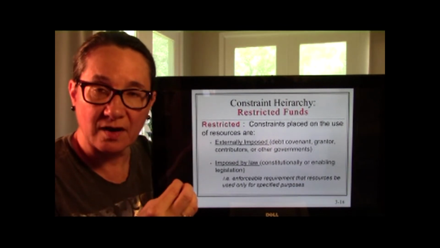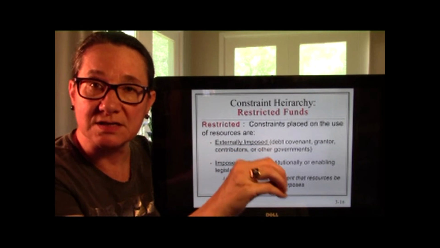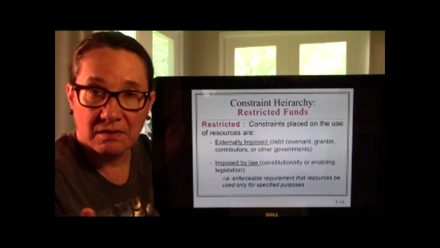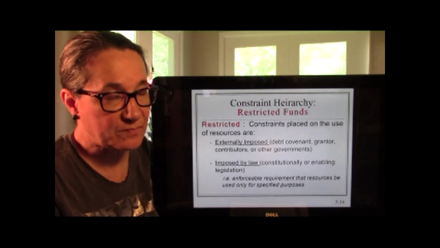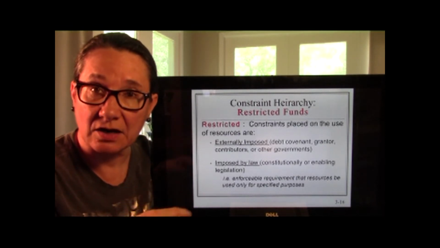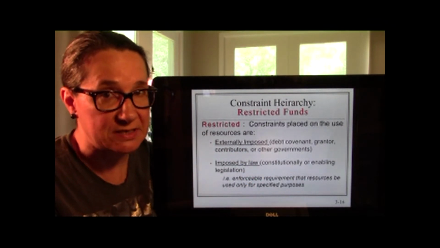Typically it comes from, say, the federal government giving the state government some money for Medicaid. You can only use it for Medicaid, period. That's it. So yes, we have some funds sitting there, but I can't spend them on anything other than this one thing. It's restricted.